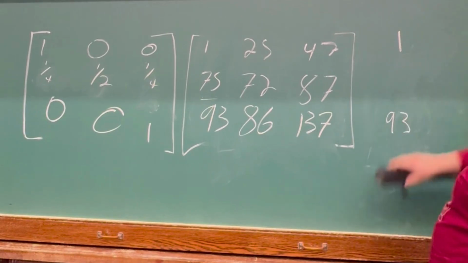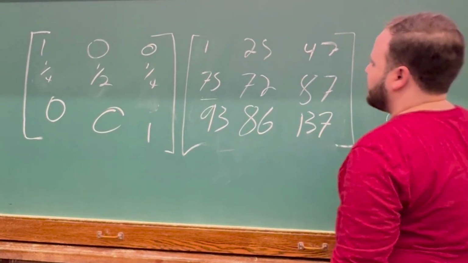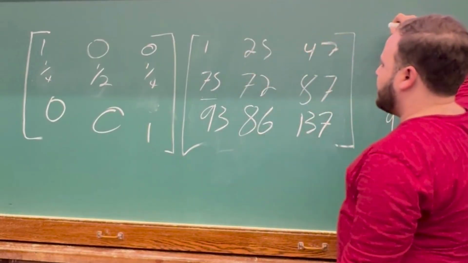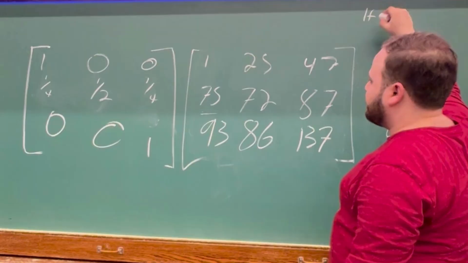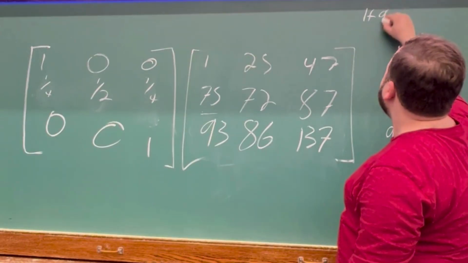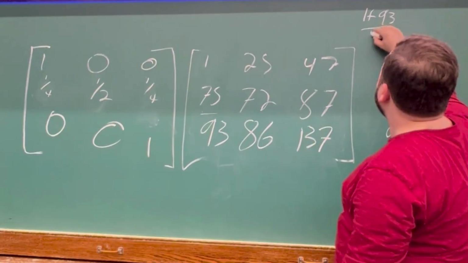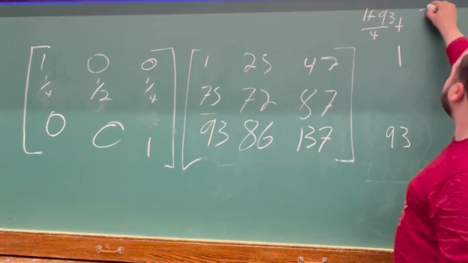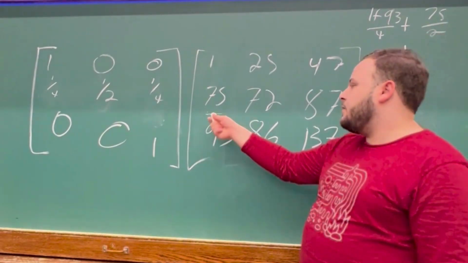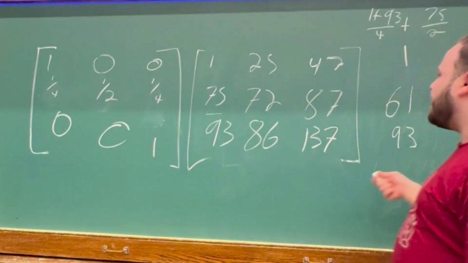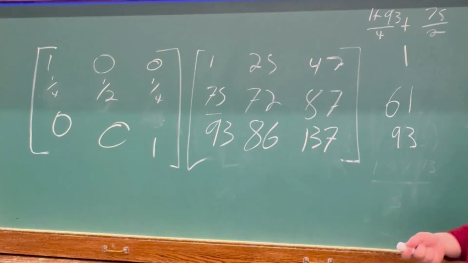Well, then our middle pixel here will be 1/4 of 1 plus 1/4 of 93 plus 75/2. So we can see over here that we more emphasize the value itself versus its neighbors. This is called a weighted blur.